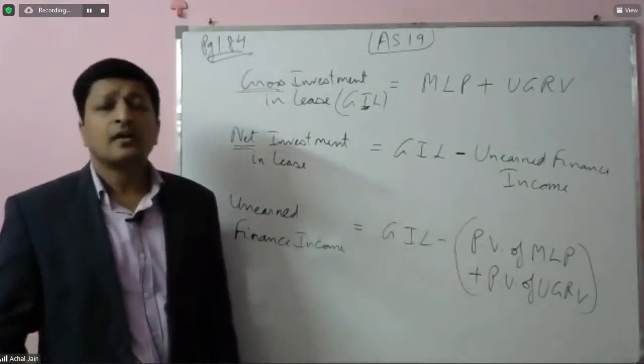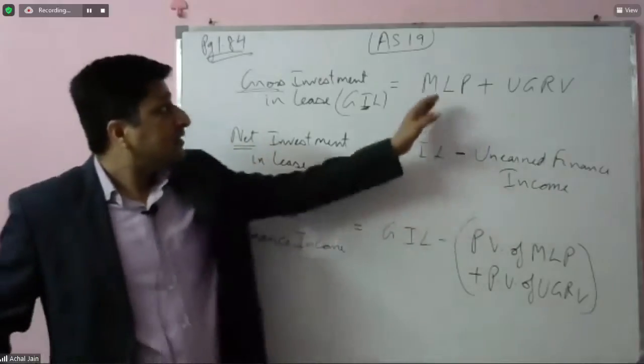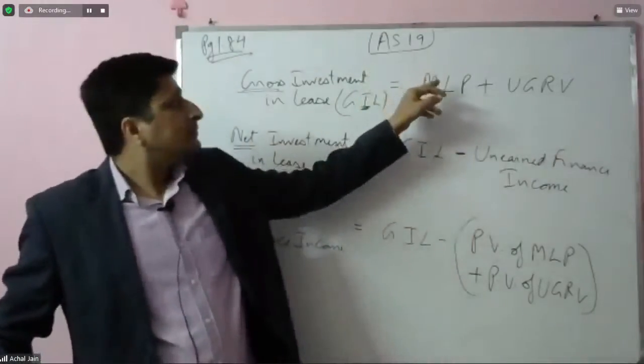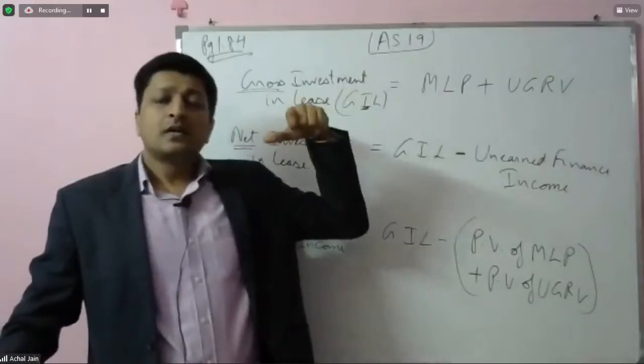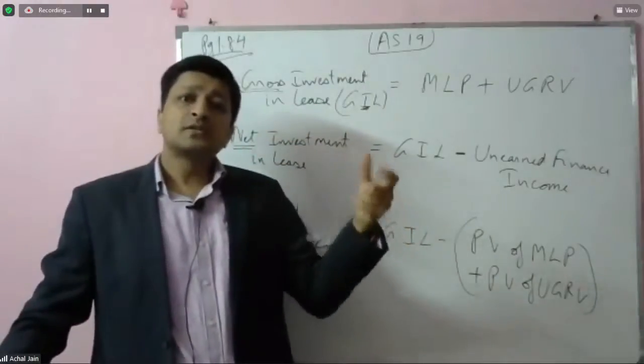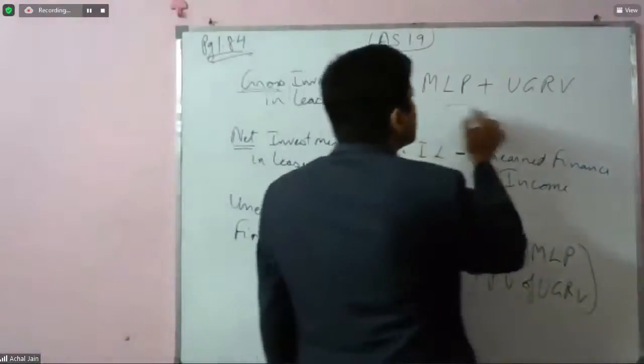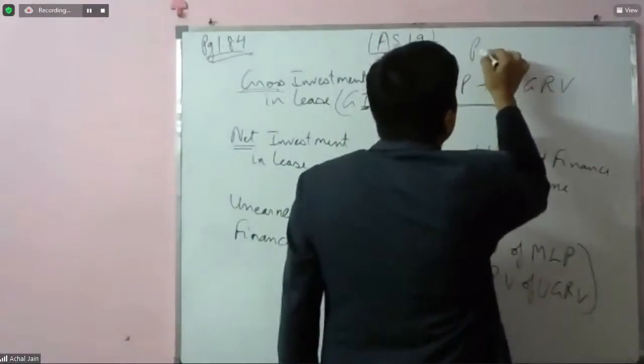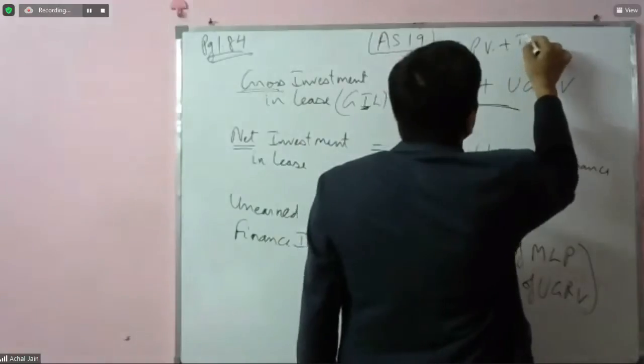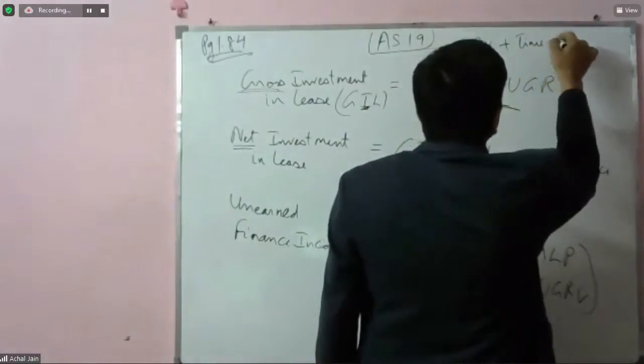First of all, we are starting with the total value. Total value means the amount which involves the present value plus the time value. So if we look at these two, what do they include? Present value plus time value.